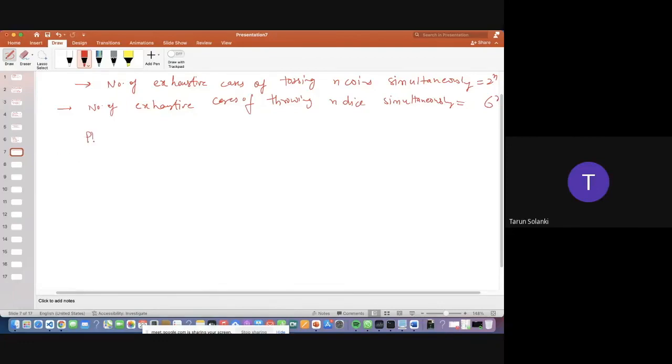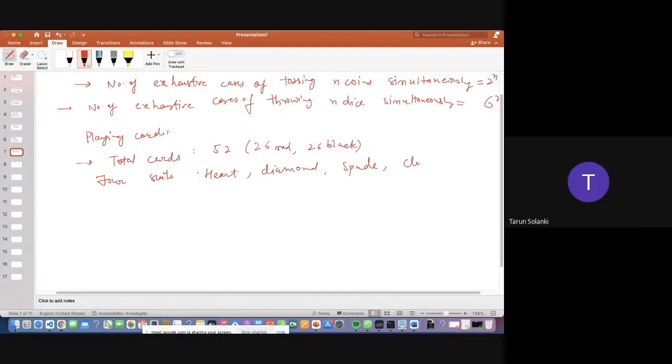Okay. Now for the playing cards, there are total 52 cards, 13 cards in each suit, including hearts.